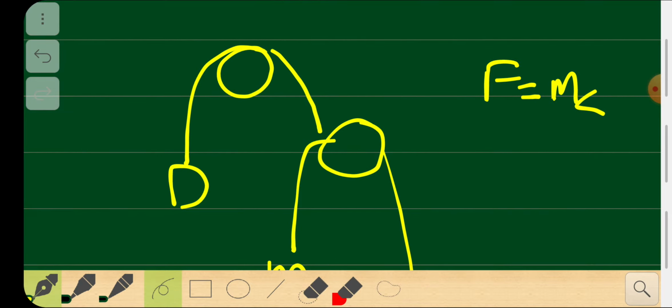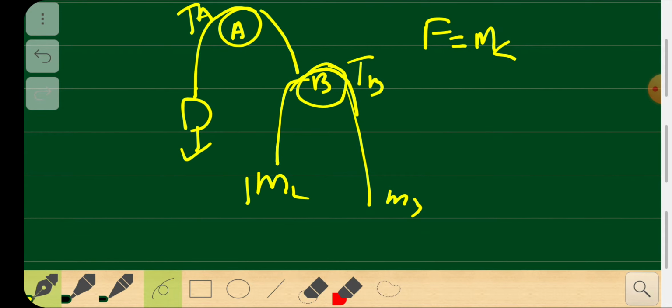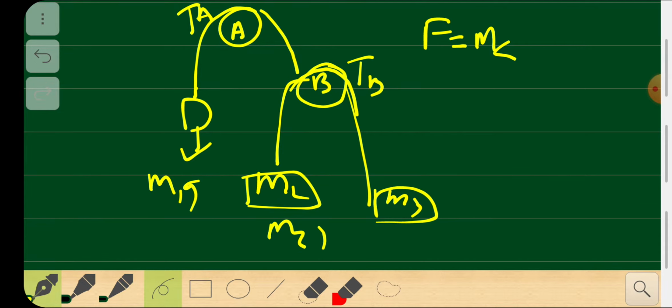String A has tension TA and string B has tension TB, since it's a connected string. And the masses will be acted upon by the gravitational force, so you get m1g here, m2g here and m3g here. Three masses, three forces.